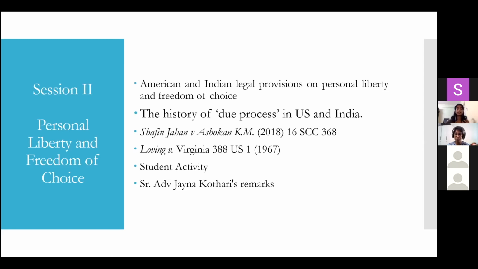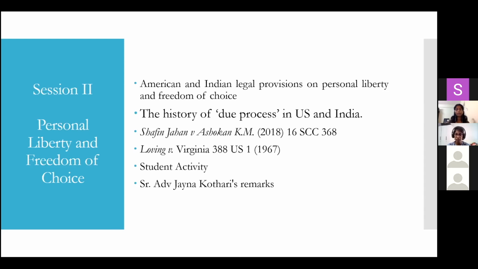And we see that even in Loving versus Virginia, the court dwells on that, because although the lower courts argued that the provisions were okay because they applied equally to each race, the Supreme Court holds that it is still not okay to curb the freedom to marry just on the basis of race.